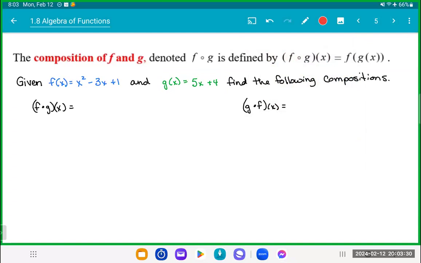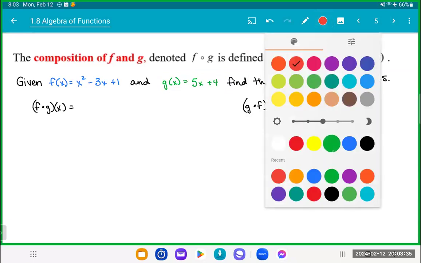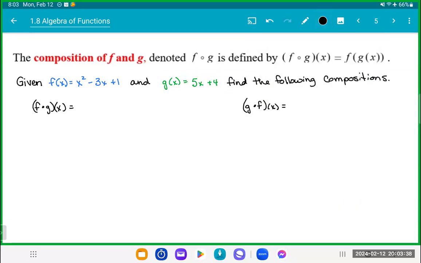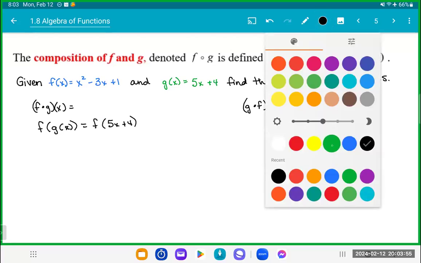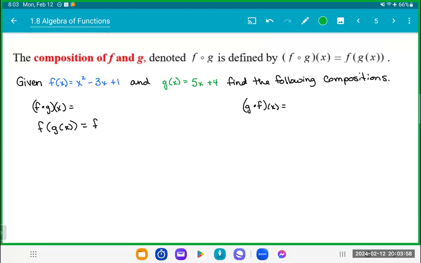All right. So this first one is f of g of x. So really that's telling me that everywhere I see my f function, I'm going to substitute in my entire g function. So another way of saying that is f of, well, my g function is 5x plus 4. So you're going to plug in that whole equation into your blue function, right?